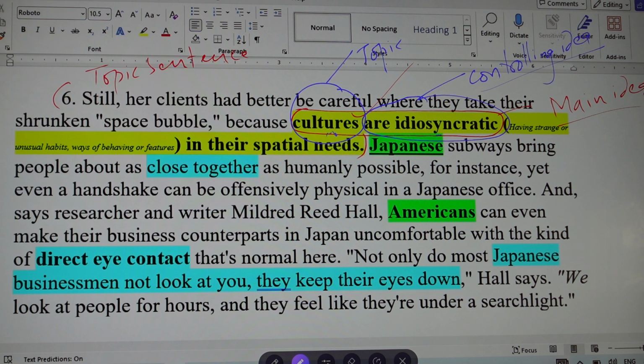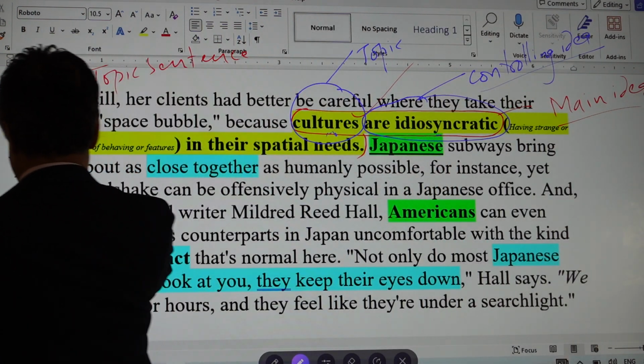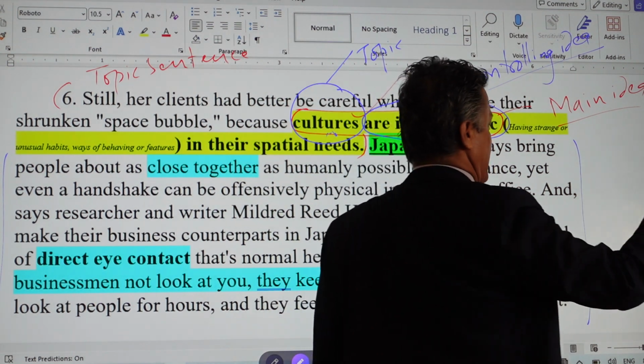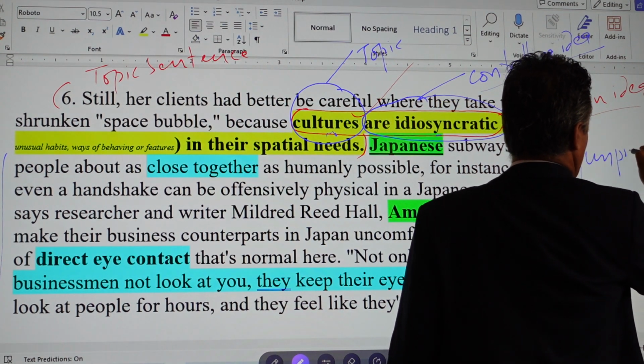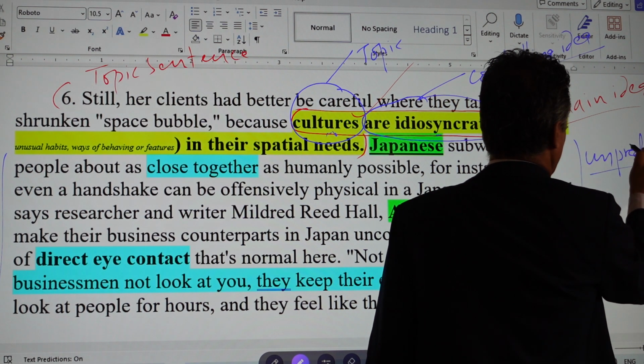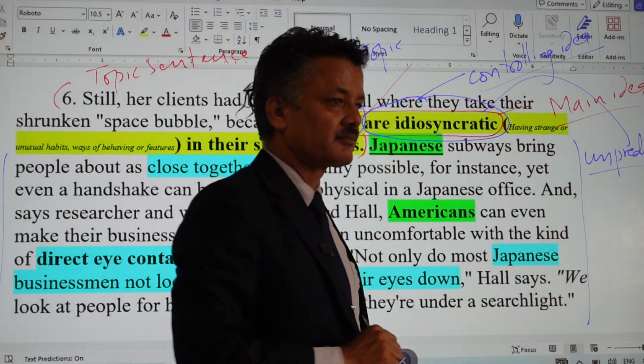You will only prove that cultures are crazy. Cultures are unpredictable. Because idiosyncratic means unpredictable. So rest of the paragraph should prove that cultures are unpredictable, because this is the controlling idea.